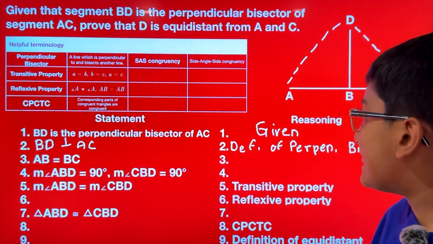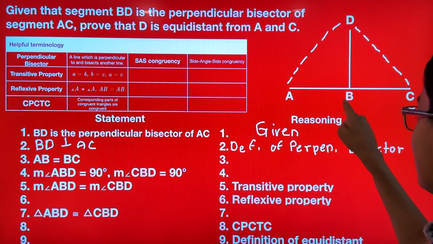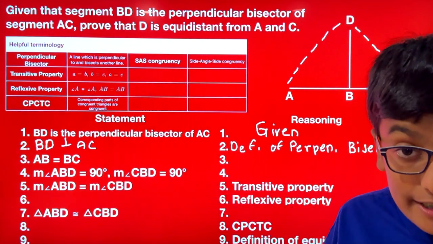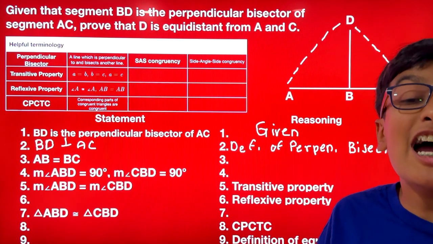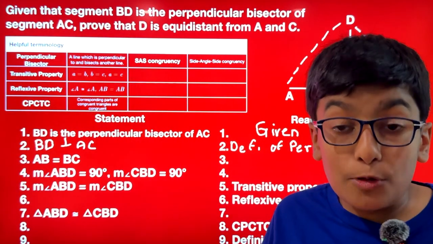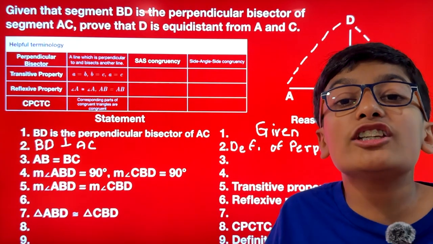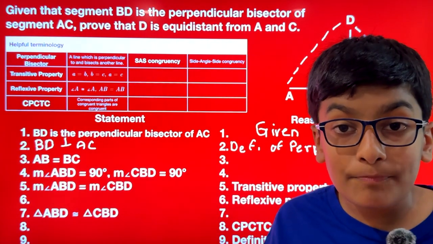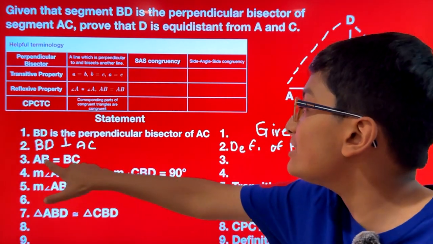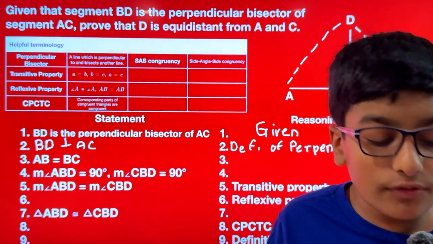And now we have that AB is equal to BC as our third statement. Well, this would be resultant of a bisector, because a bisector splits a segment or an angle into two equal halves. That's what a bisector does. That's the definition of a bisector. So therefore, the reason for statement 3 would be definition of a bisector.